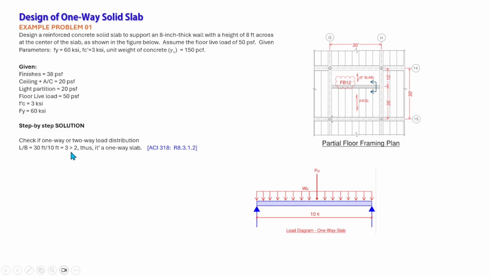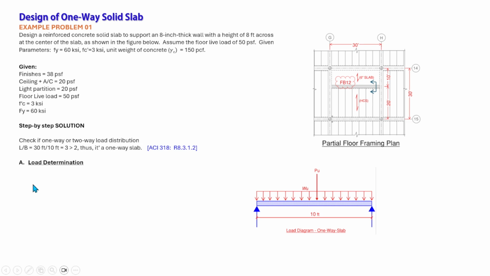That is equal to 3, which is greater than 2. So it is a one-way slab. This is according to the ACI 318 reference 8.3.1.2. That is one of the requirements for a solid one-way slab.